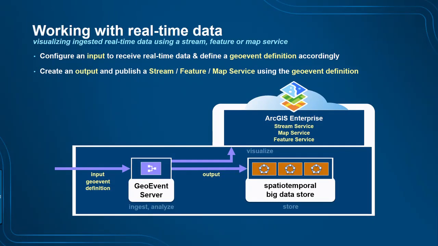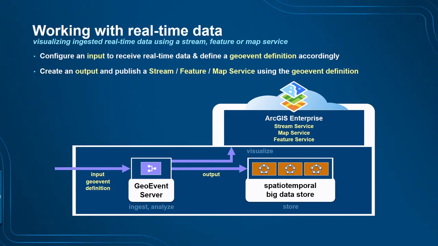Once you have your input and output, you will also need to create or import your GeoEvent definition. Now, GeoEvent definition is essentially the schema of the underlying incoming data. It is that component of GeoEvent that tells what is the format of the incoming data. It includes attribute and data types.